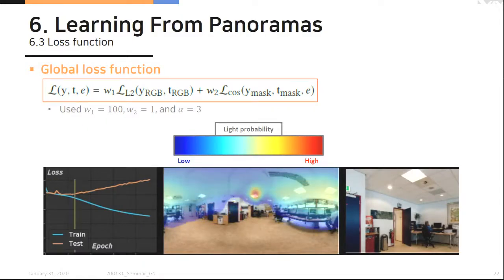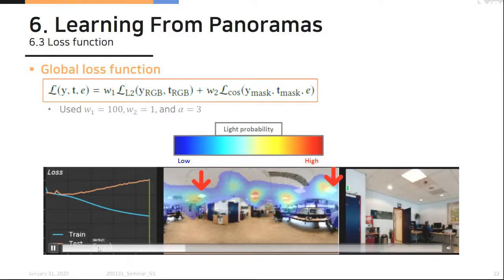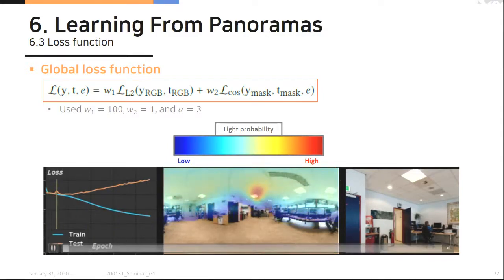Finally, this is the global loss function that combines the last loss functions. The video shows the evolution of training and test loss over the number of epochs. See again.